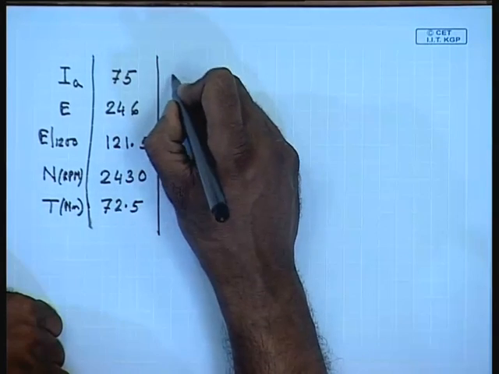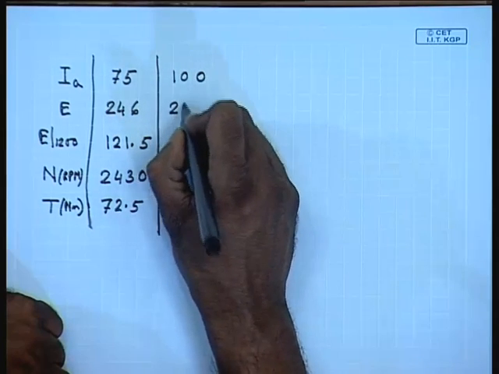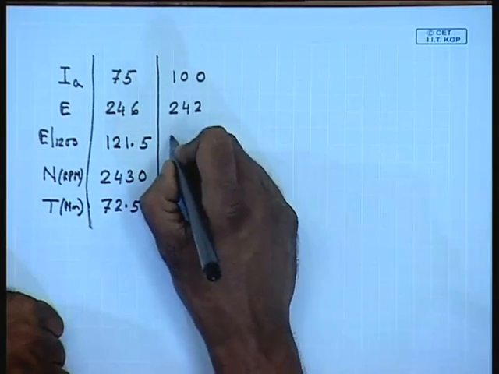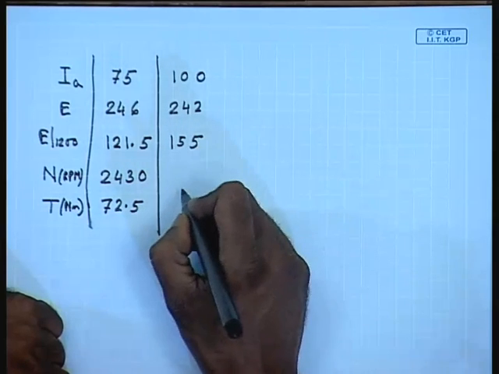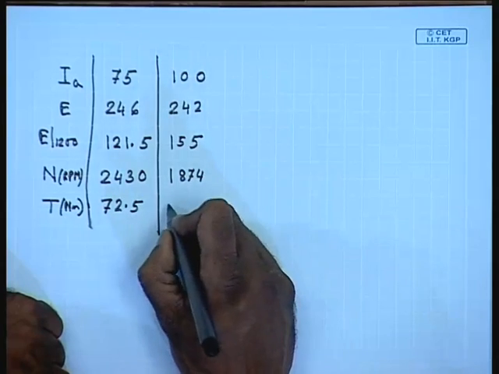Similarly, we can do the similar calculation for 100. Here it comes to 242, 155, 1874 and 123.